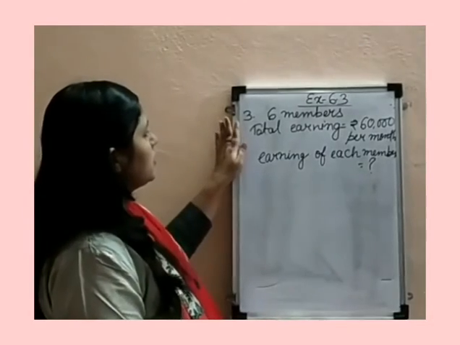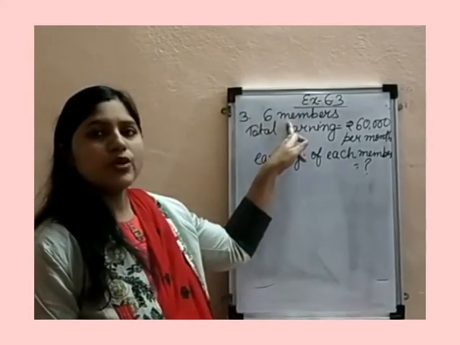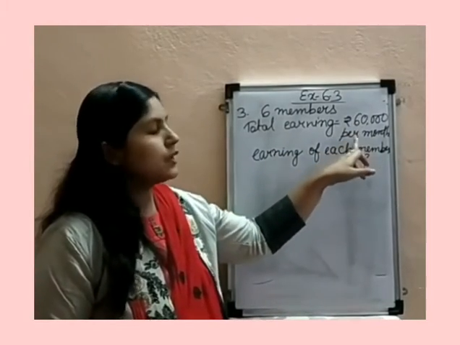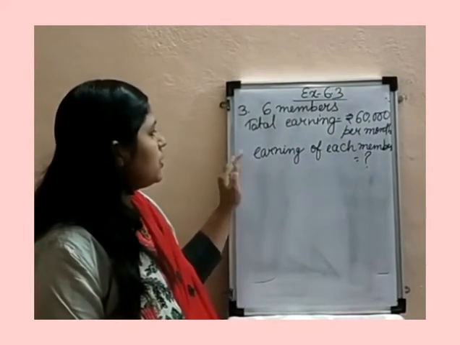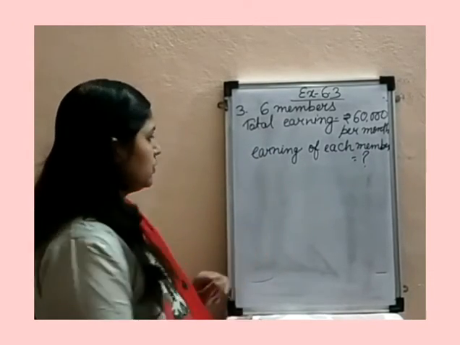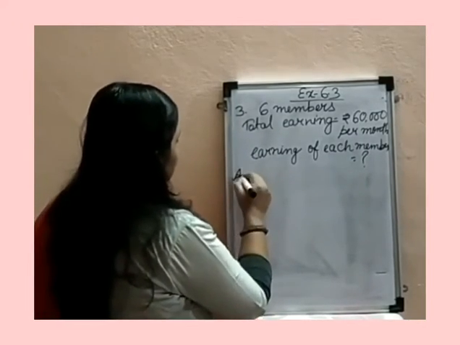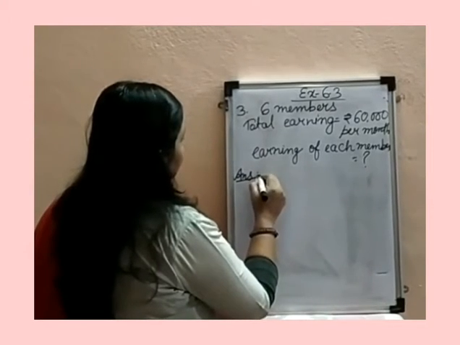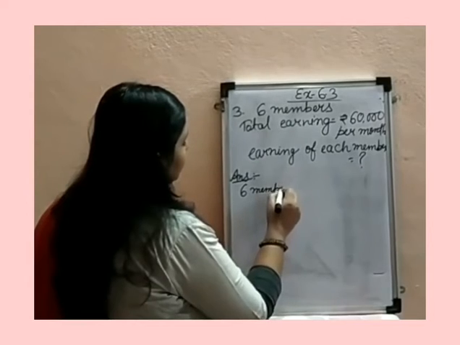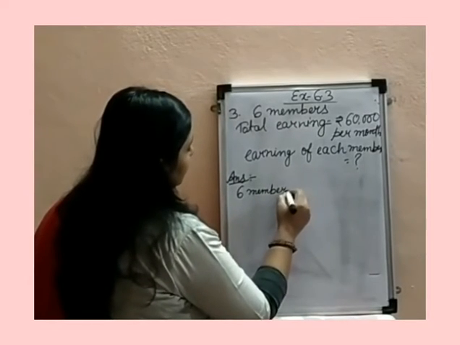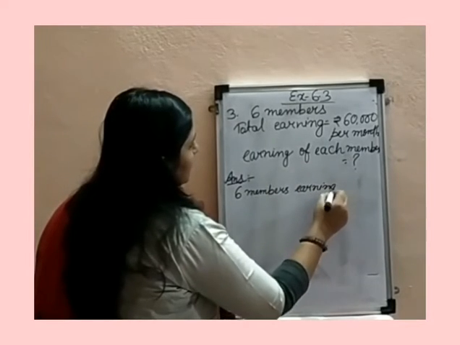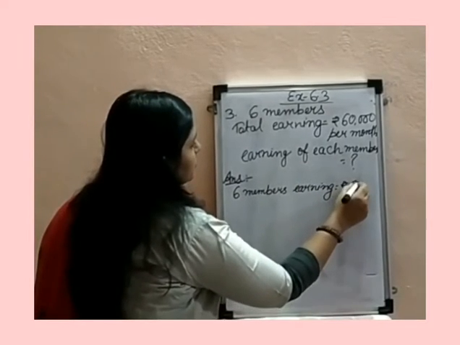This is question number 3. In a family there are a total of 6 members and their total earning is 60,000 per month. The question is, what is the earning of each member per month? The answer will be: 6 members earn rupees 60,000.